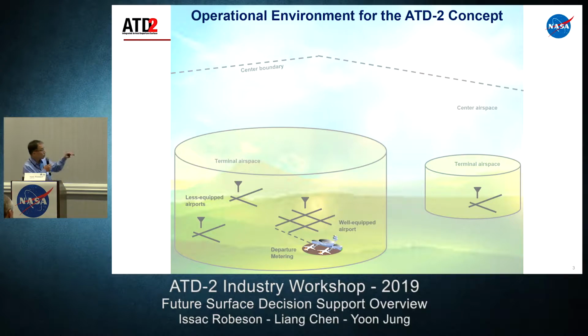At the bottom, there are 2 cylinders. The big cylinder is the TRACON or terminal airspace, the home TRACON airspace, and the small cylinder is an adjacent or neighborhood TRACON. There are multiple airports inside the big cylinder TRACON airspace. Right now, just notionally, there are only 3 airports.